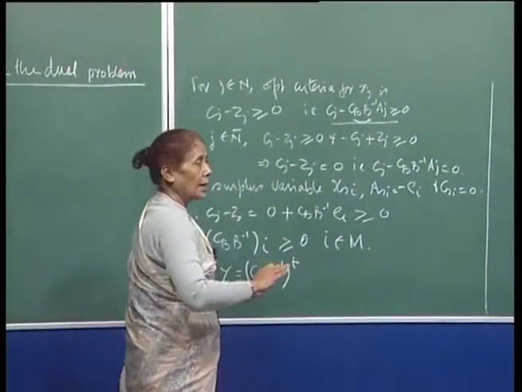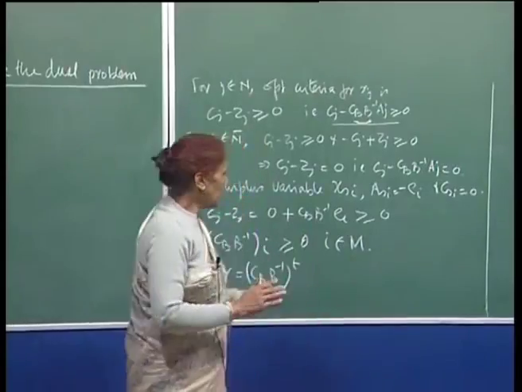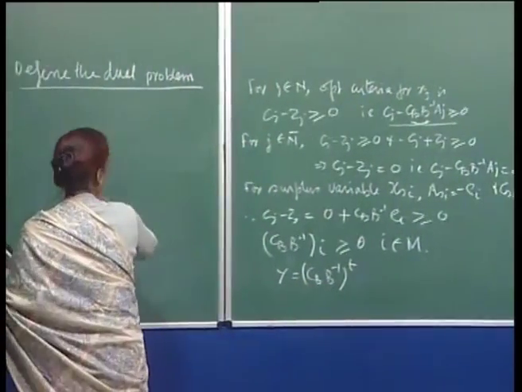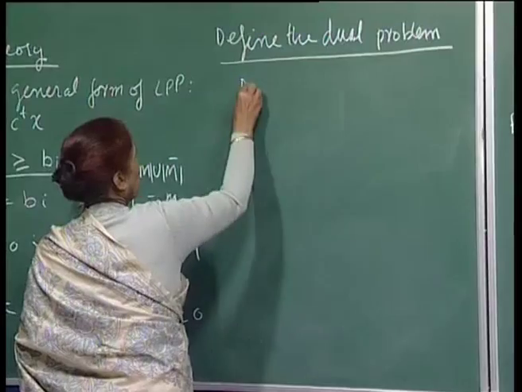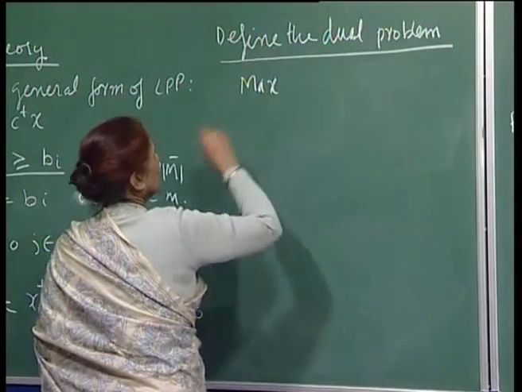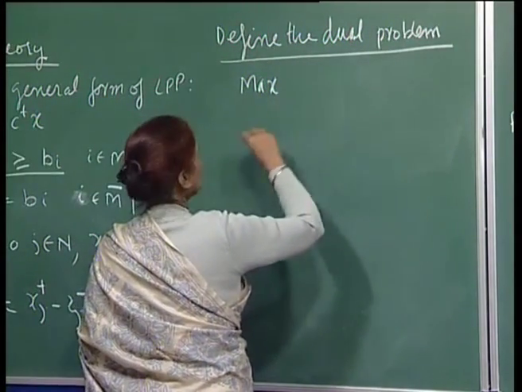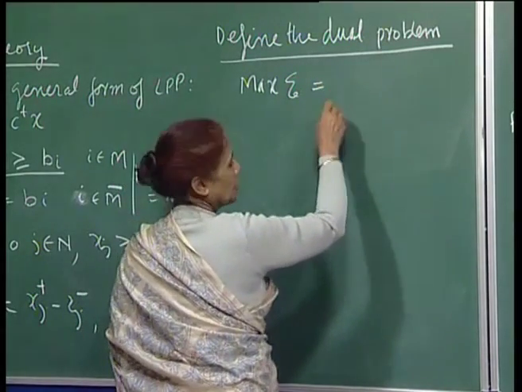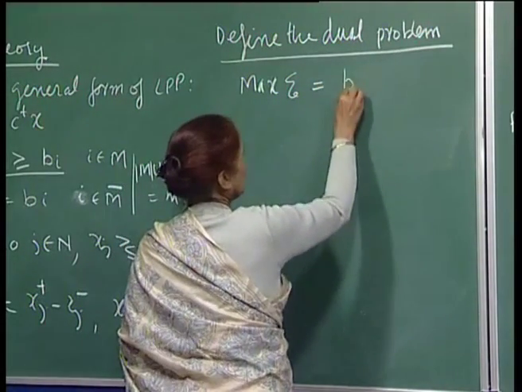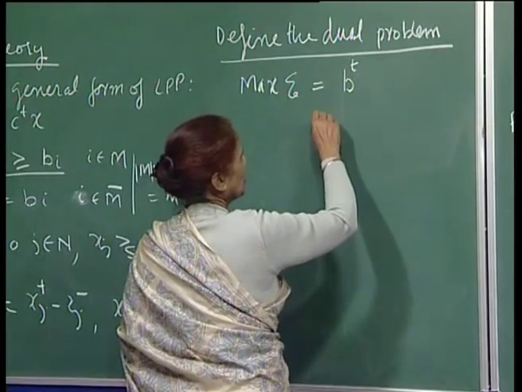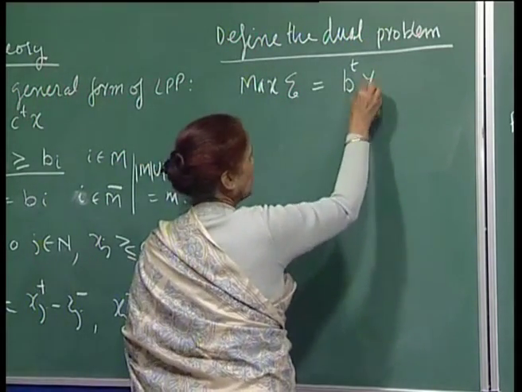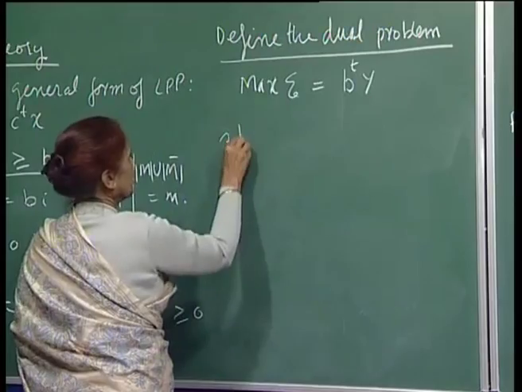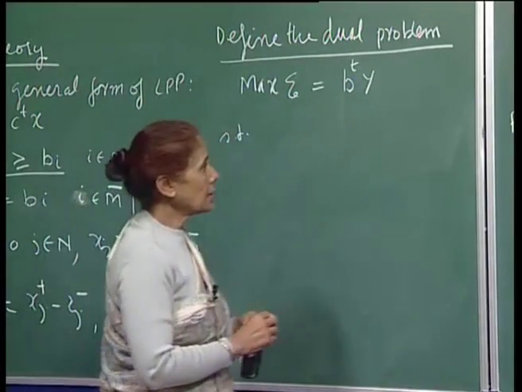And now I write the other side of the problem: define the dual problem such that you are maximizing psi equal to b transpose y, subject to, let me write it down.